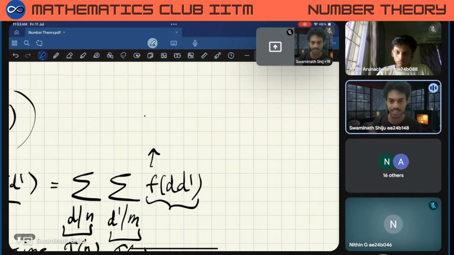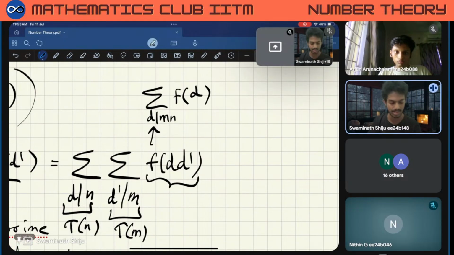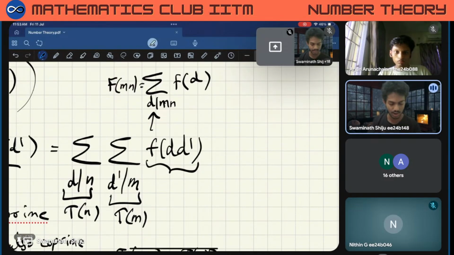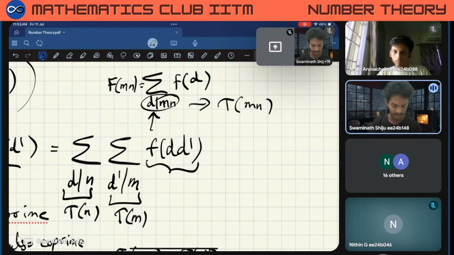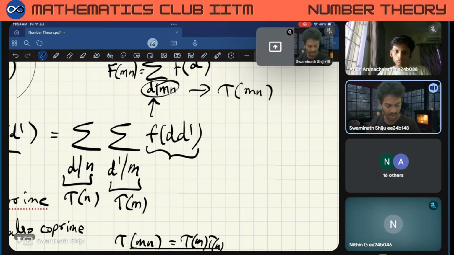We want to eventually show that this is equivalent to this, as in F of mn. So how many terms are here? Here you have tau mn terms. Here also you have tau mn terms. That's promising.